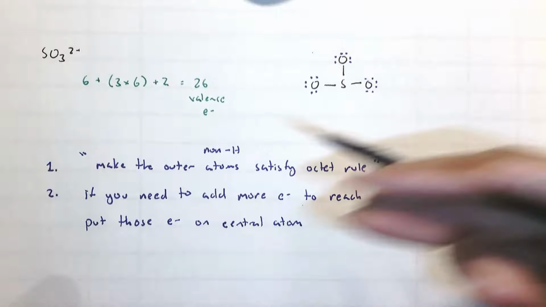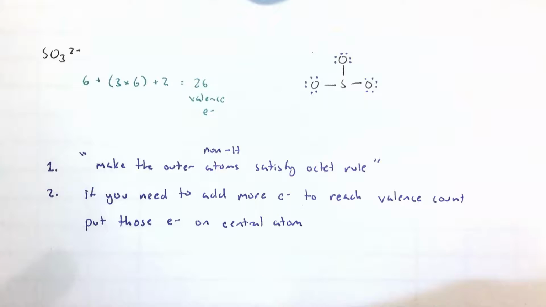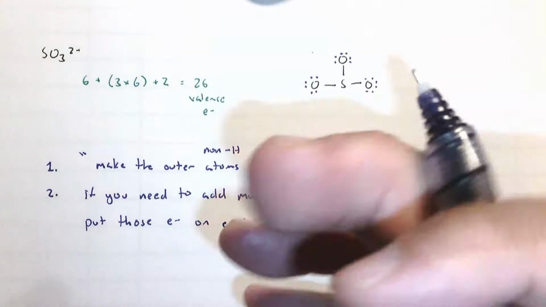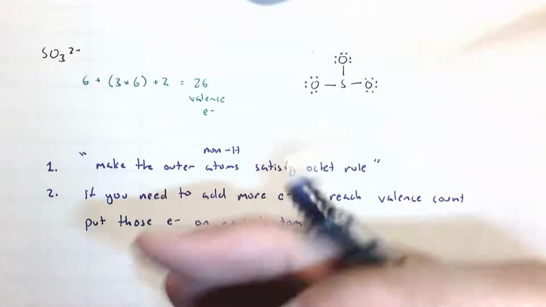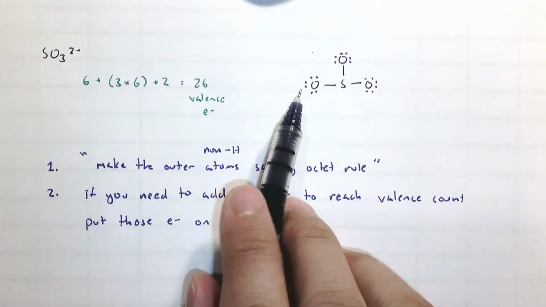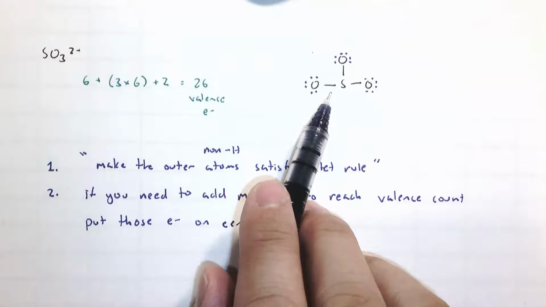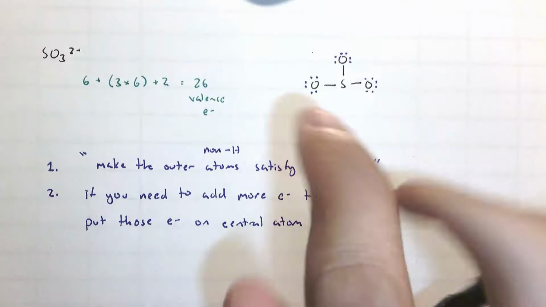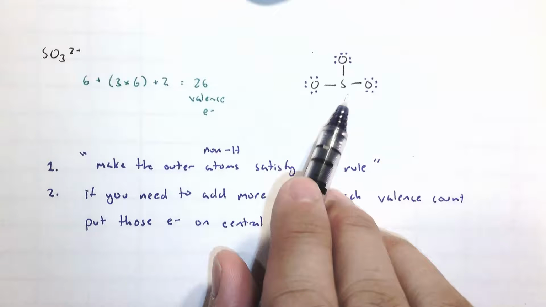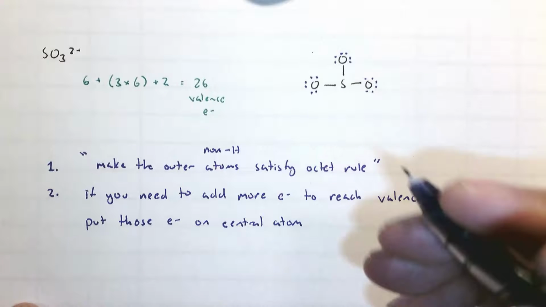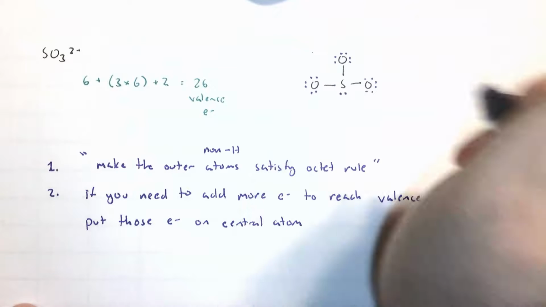For neutral compounds, I want you to understand how many electrons each atom brings to the bonding party, and then draw your electrons accordingly around that certain atom. Let's see if we have 26. 2, 4, 6, 8. So for every bond to oxygen, the bond and the oxygen, there's 8 electrons. So do you notice that if I have 3 of these situations, I only get up to 24 electrons. So I'm missing 2. Those 2 go on the central atom right here.